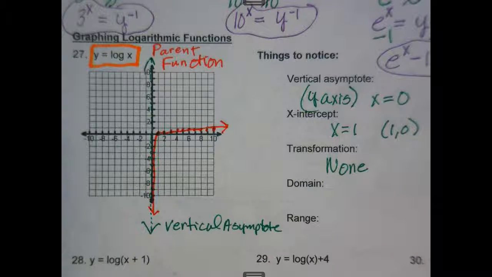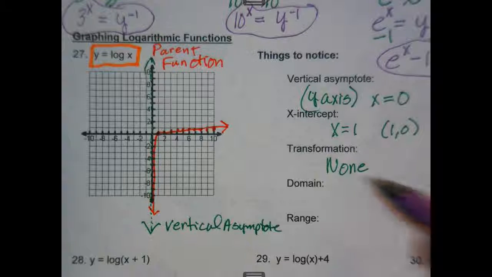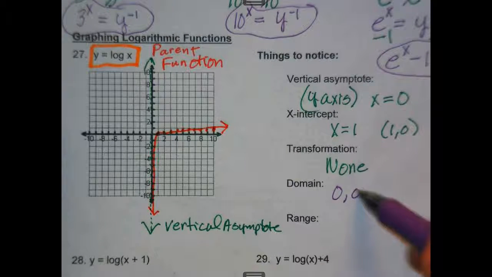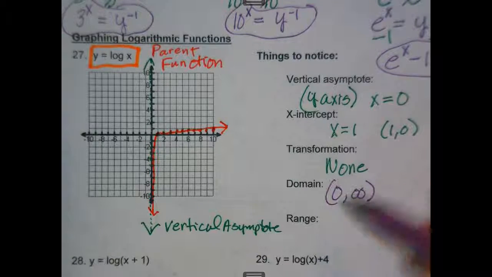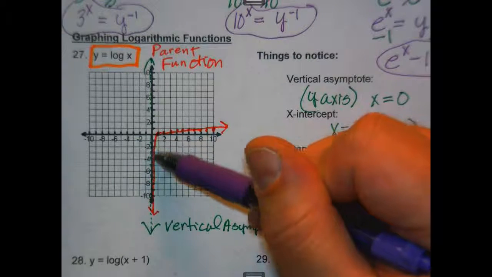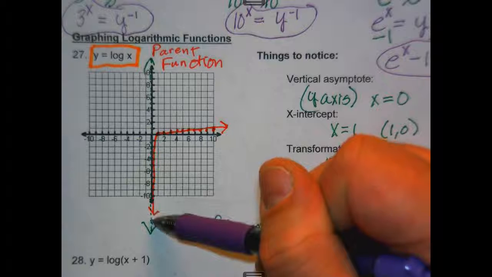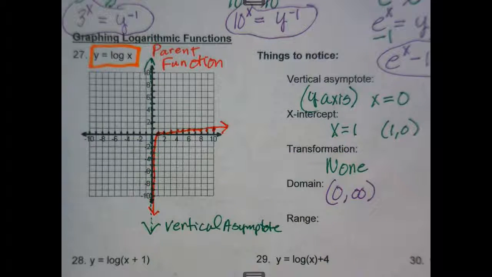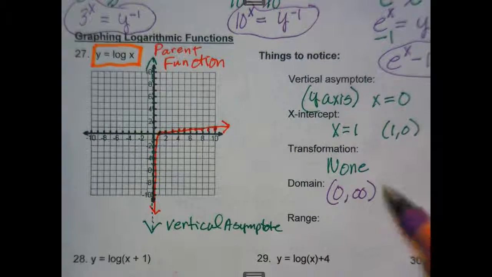What's my domain for this graph? What are my x values? 0, comma, infinity. Very good, Will. Because this is my x equals 0, remember, it doesn't cross or touch the 0. Okay, what's my range?